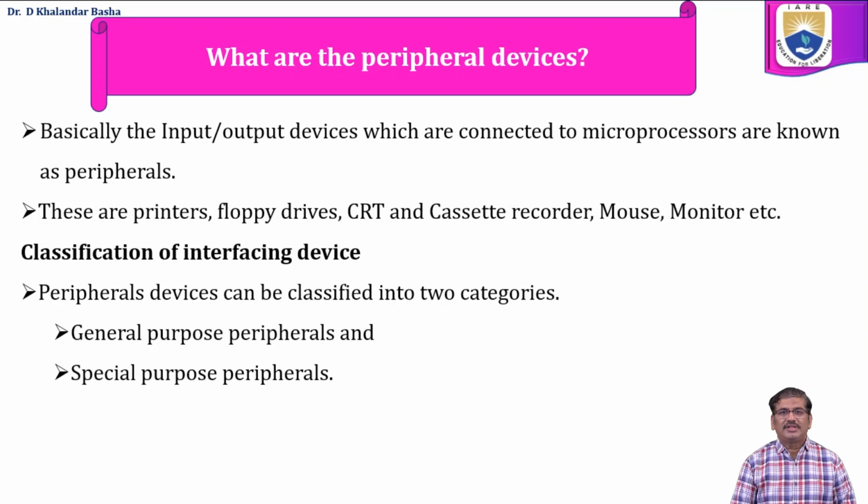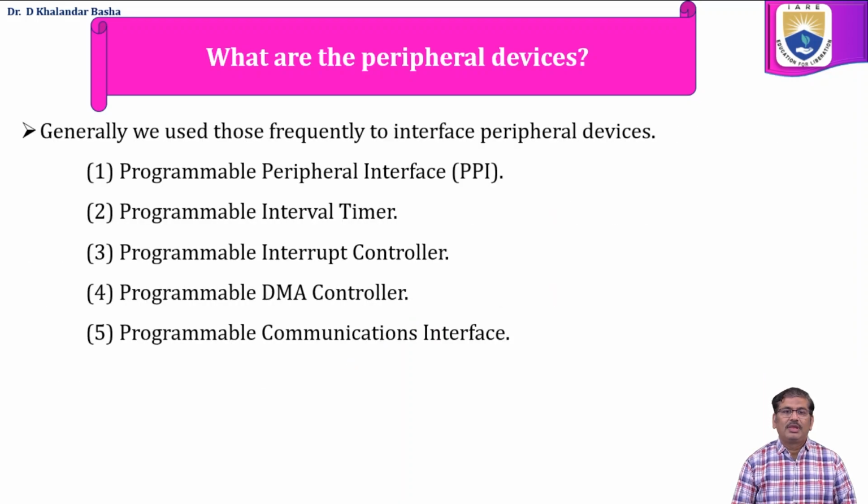So peripheral devices can be classified into two categories. One is general purpose peripherals. The second one is special purpose peripherals. Now we will see what is the difference between these two, or what are the various general purpose and special purpose devices we are having.